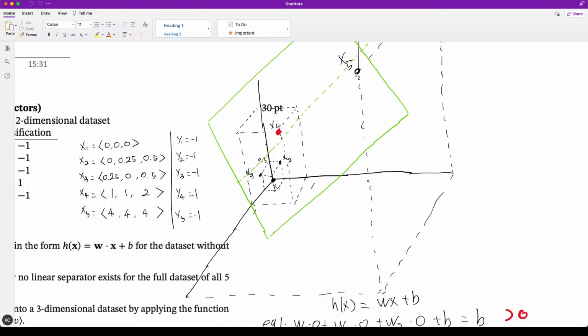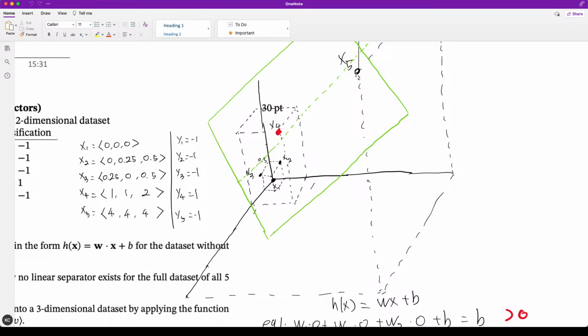Now let's close your eyes and create this space in your brain. There are x1, x2, and x3 gathered at the bottom, x4 in the middle, and x5 at the top.